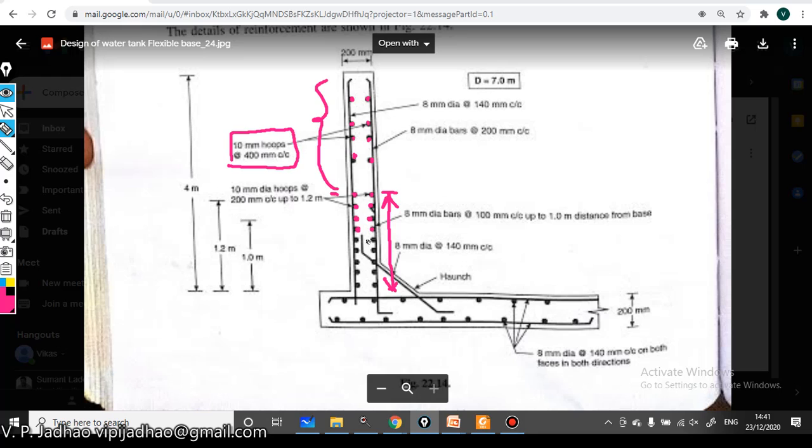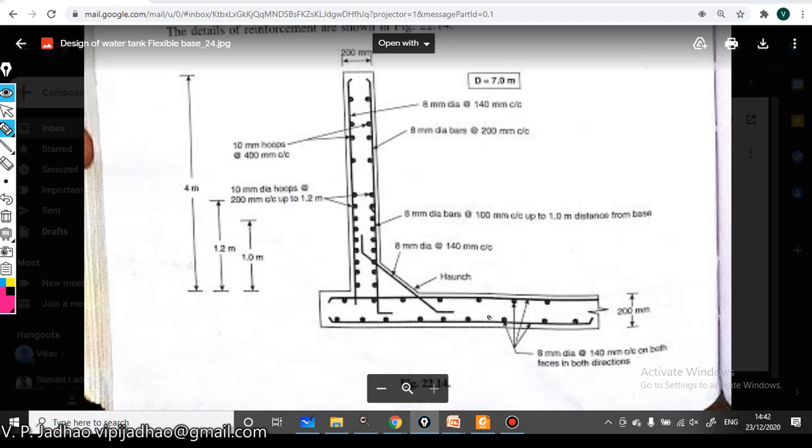Then this haunch is provided, and a steel reinforcement bar will be provided like this. This will ensure the fixed joint between your base and water tank wall.